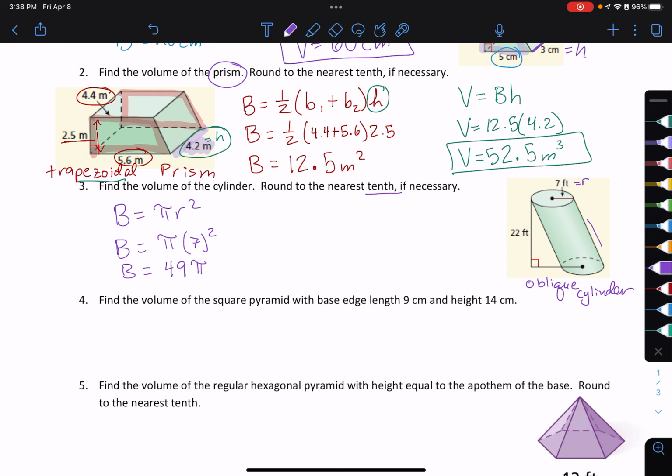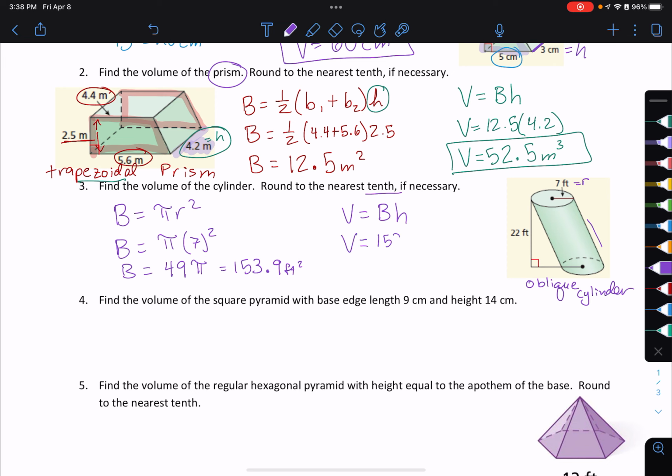So 49 times pi is 153.938. I look at the 3, it is not 5 or greater, so it doesn't change it. So that's feet squared. Then for our volume, area of the base times the height.